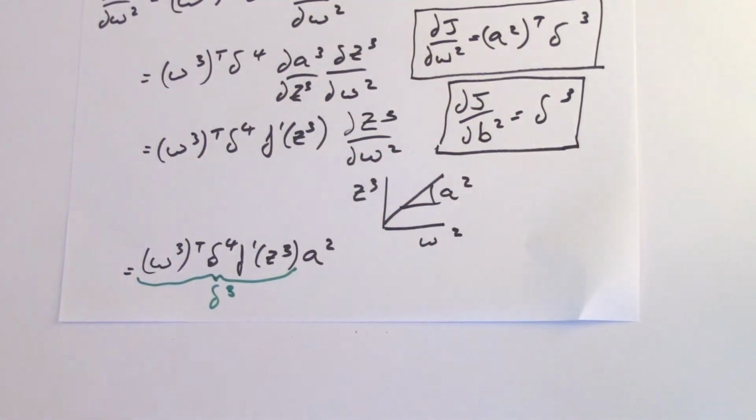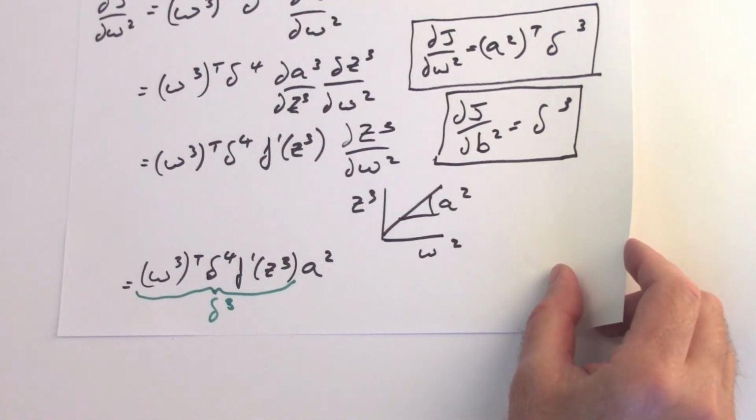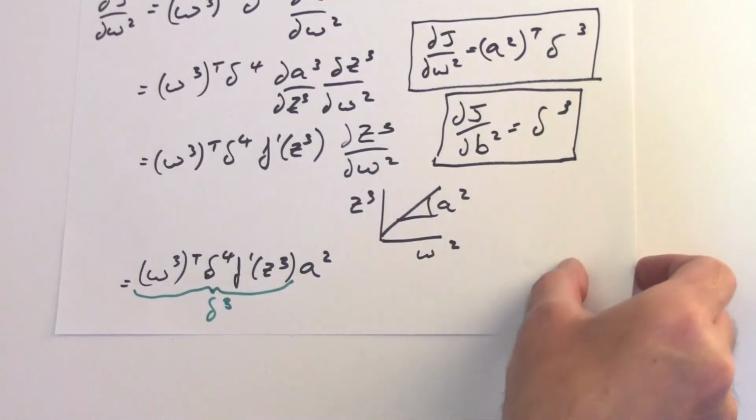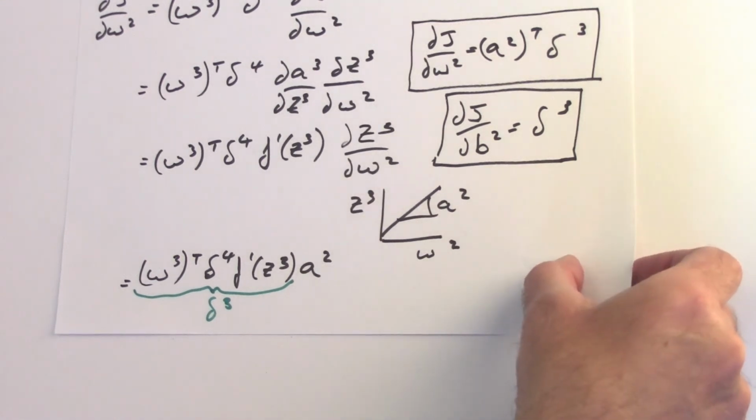So that's that layer, and all we have to do next is to carry on this procedure to get the contribution of W1 weights as well as a B1 bias. So let's proceed on.